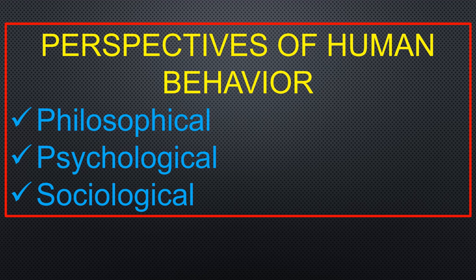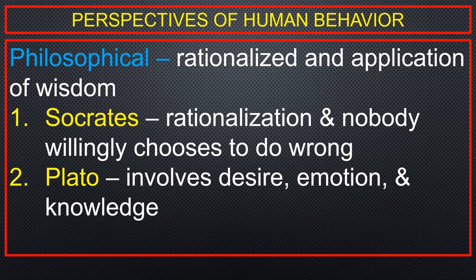So these are the perspectives of human behavior. You have the philosophical, psychological, and sociological. Of course, we have more, but these are the 3 basic perspectives of human behavior. So from the philosophical point of view, the word philosophy means love for wisdom. Okay?